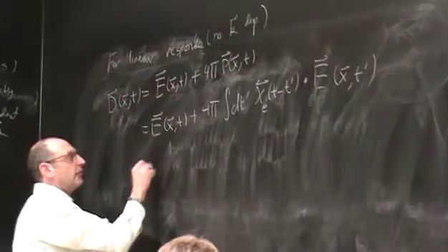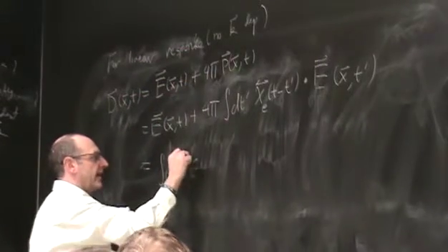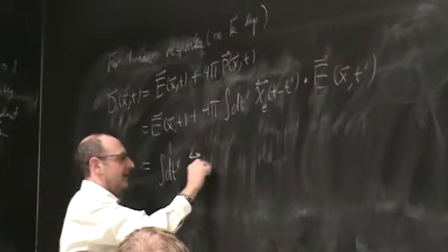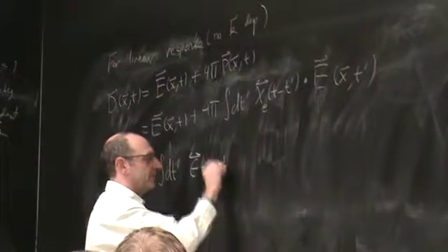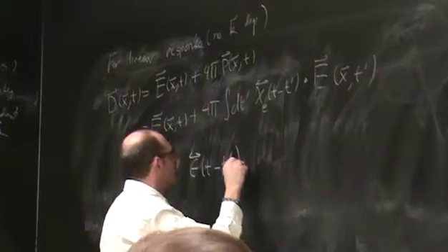Which I can write as the integral over t prime, a tensor we call epsilon. Not the polarization, it's a totally different epsilon. It's a tensor anyway.